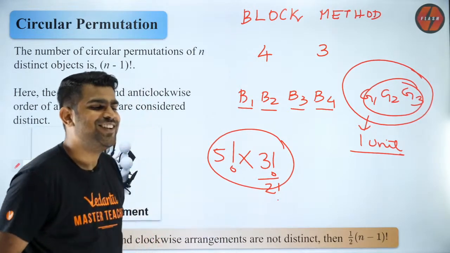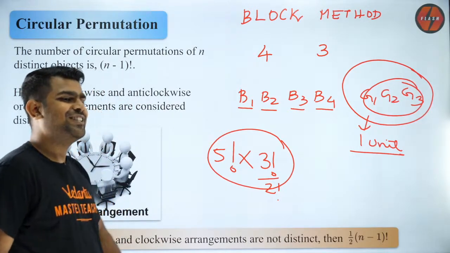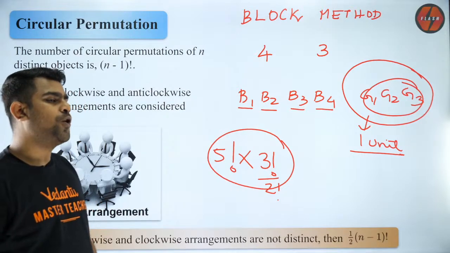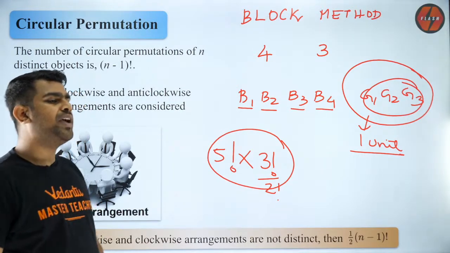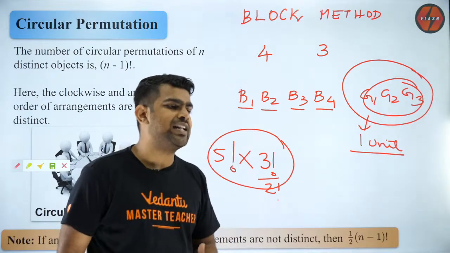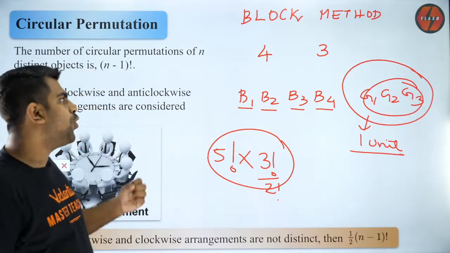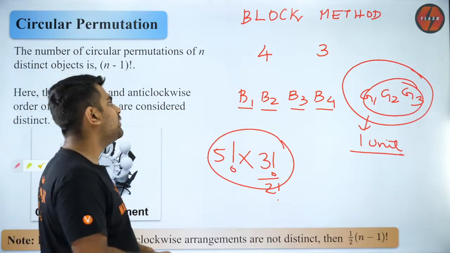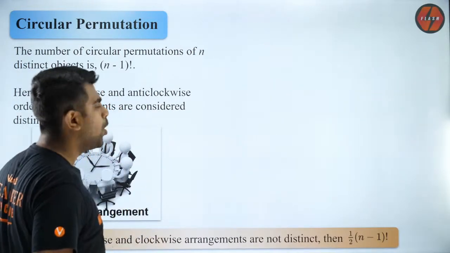That's it. Okay. That's how it goes. Why not 4 into 4 factorial? Because you want them to stay together now. You want them to stay together, na Rameshwaran. So if you say 4 into 4 factorial, they will not be together. So that is why we use the block method over here.